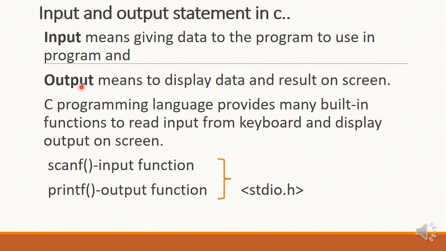Or if you read two numbers and find the addition or subtraction, afterwards you have to display the result, otherwise nobody can understand whether the program is working or not. So output is nothing but displaying the data or the result on the screen.